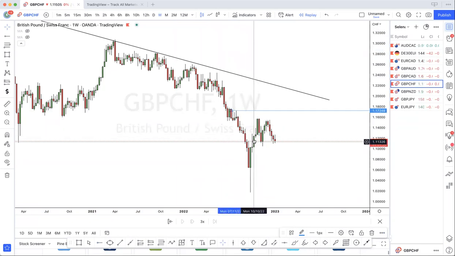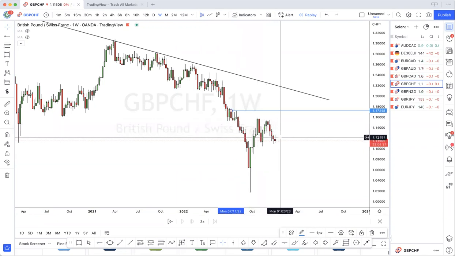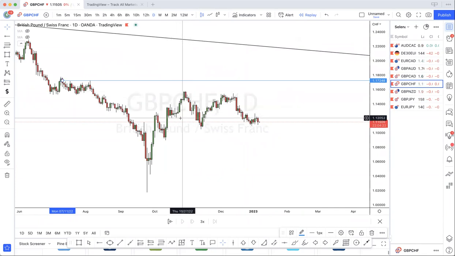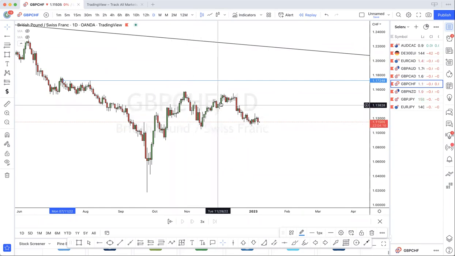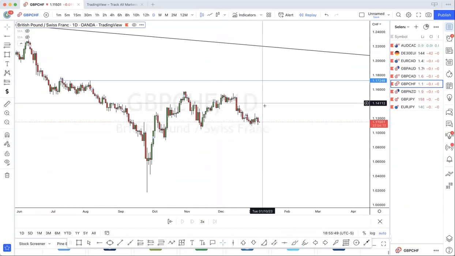Price looks like it's consolidating a little bit. So if I go down to the daily, price went up, broke this low right here, tapped into this imbalance and then pushed back up, and now tapped into this order block and is meandering.